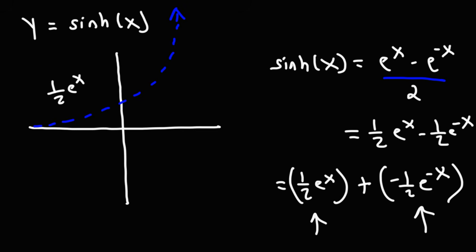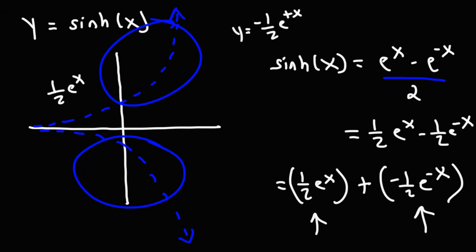To graph that, we could use transformations. First, let's start with negative 1/2 e to the positive x. Here, y is negative, x is positive. With this graph, we're reflecting it over the x-axis. So it would look like this. As you can see, this is a reflection of this graph over the x-axis.